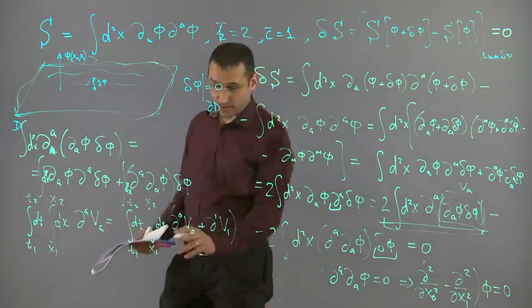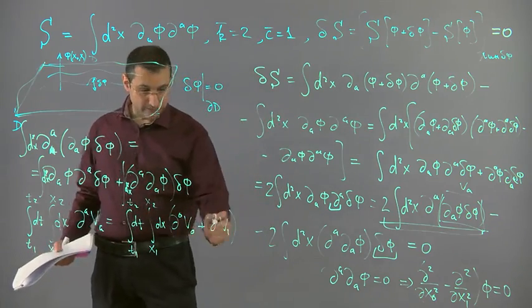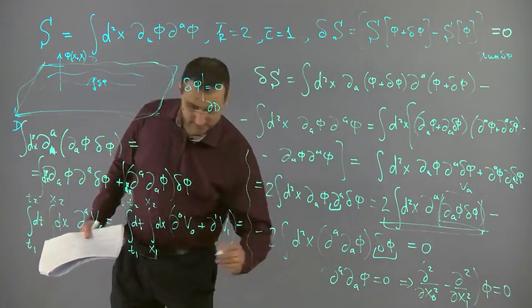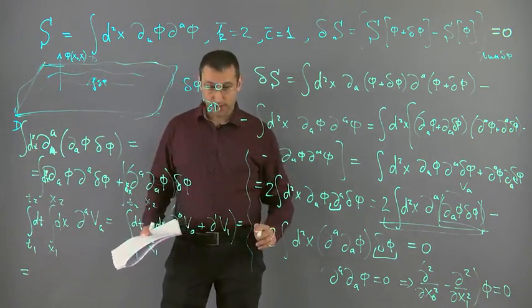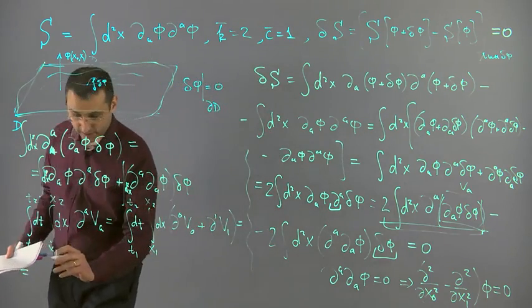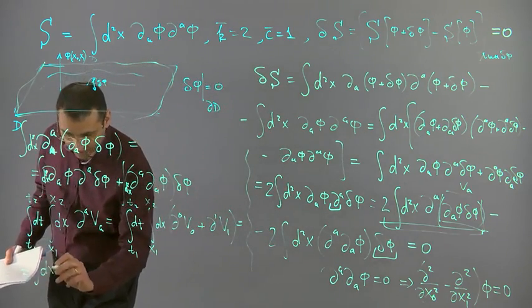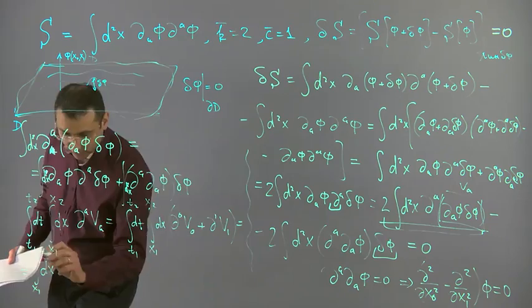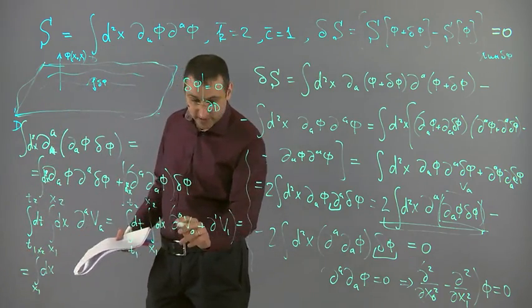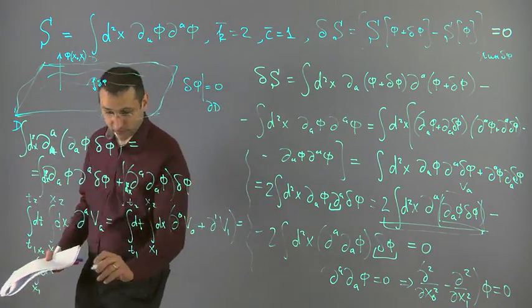So now consider this term first. What do we obtain? We obtain the integral over dx from x1 to x2, and this is the integral over dt of the total derivative. What is that?